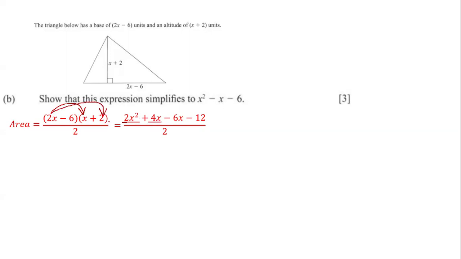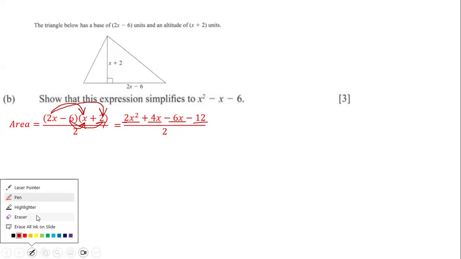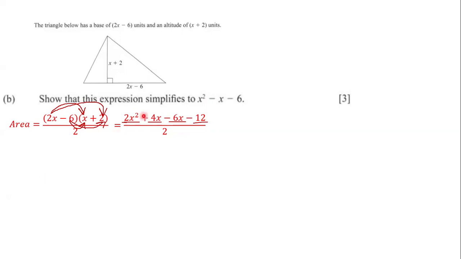Next, we say negative 6 times x, and negative 6 times x is negative 6x. Then we have negative 6 times 2, and negative 6 times 2 is negative 12. And we put that over 2. And so we have 2x squared plus 4x minus 6x minus 12.